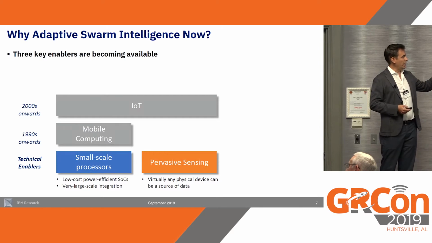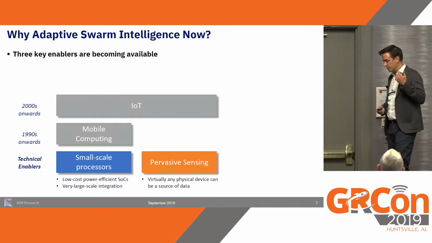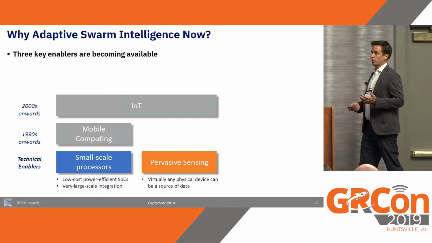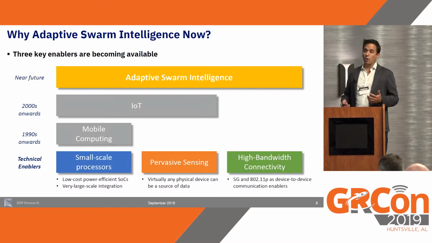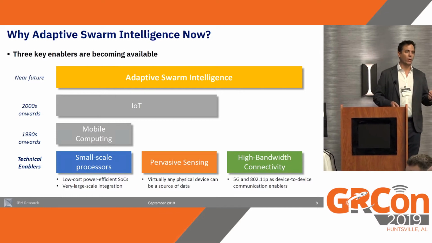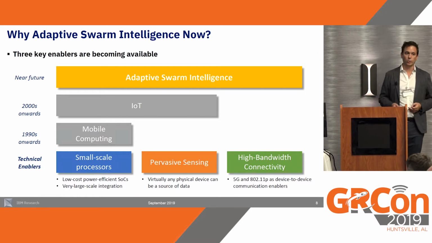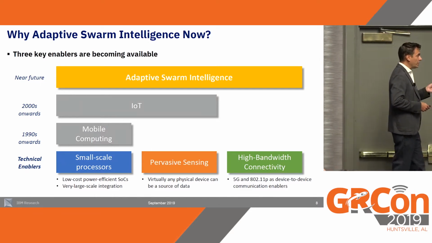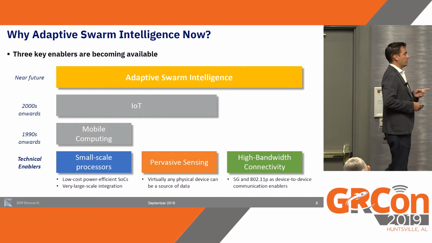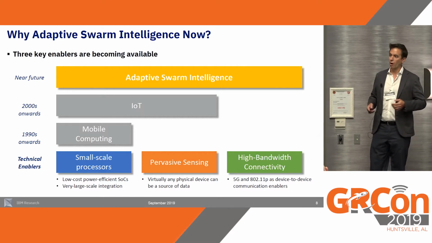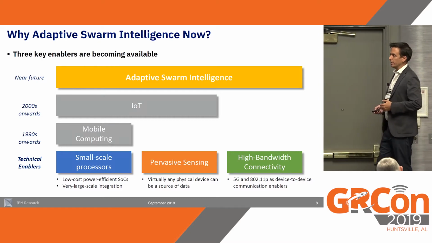So these two enablers, small scale processors plus pervasive sensing, gave rise to the IoT revolution. What we have now, or will have very soon, is ultra high bandwidth, low latency connectivity, for example, through cellular 5G, right? And we believe these are the three key ingredients to enable the next big revolution, which we hope will be along the lines of adaptive swarm intelligence.